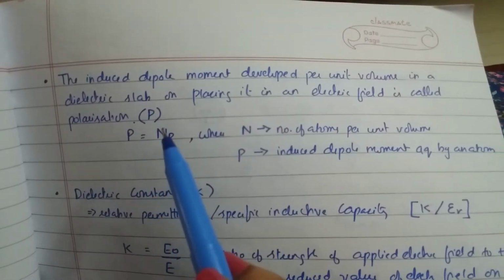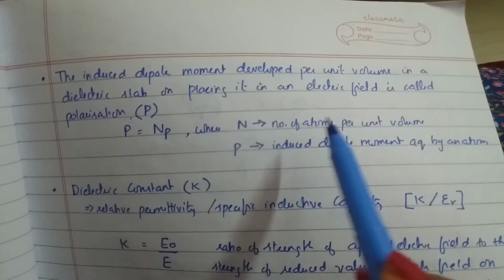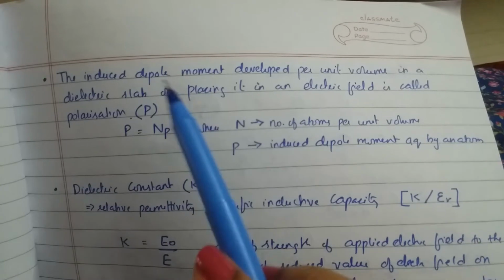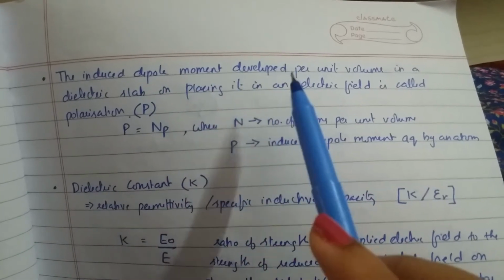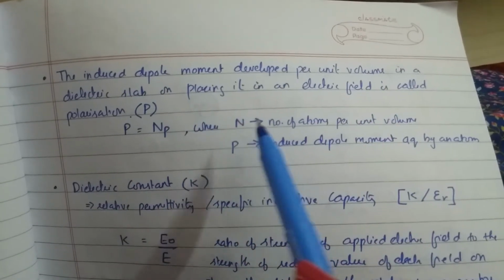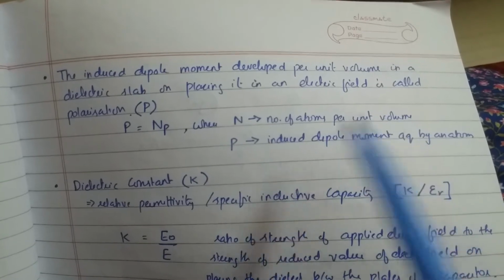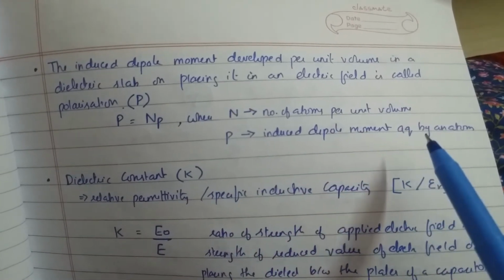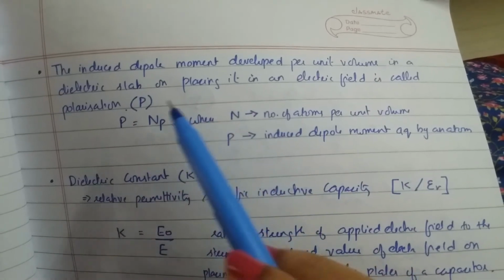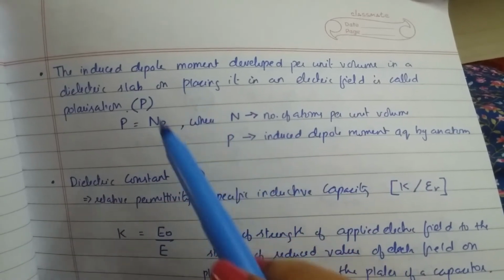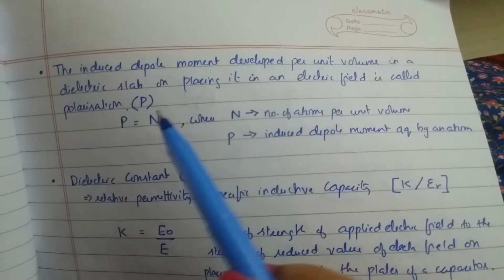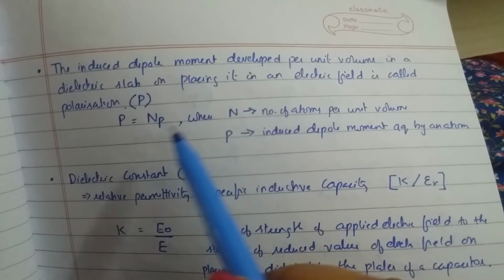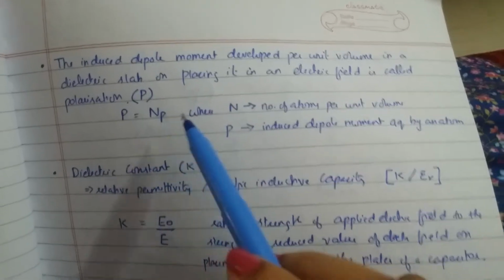So P equal to Np, where N is the number of atoms per unit volume, and p is the induced dipole moment acquired by an atom. The product of these two gives the polarization P.